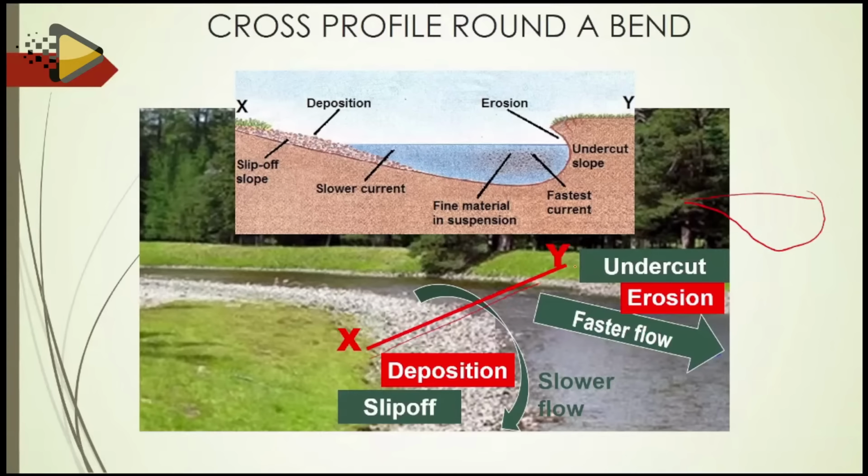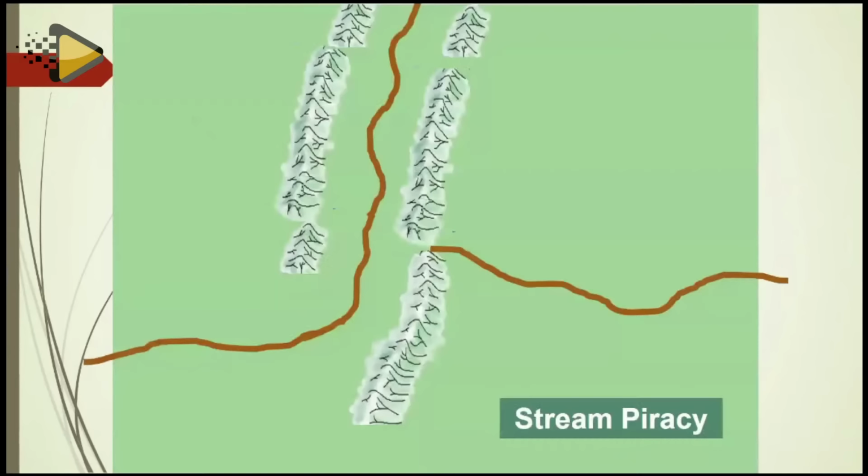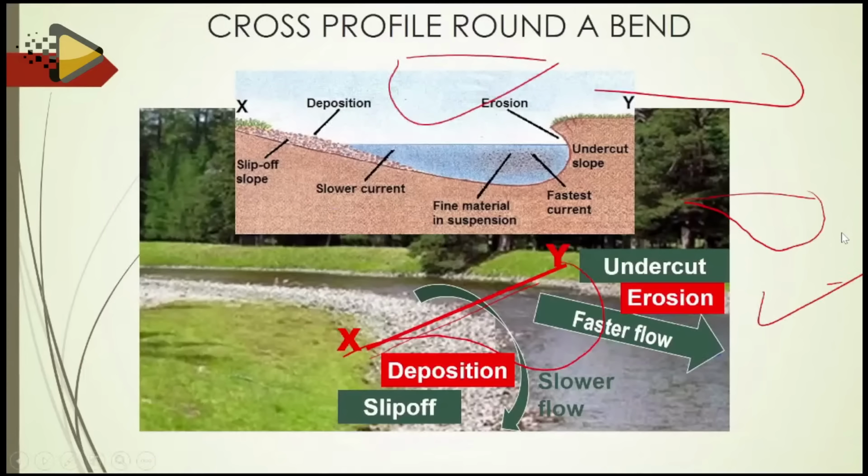If the river was bending in the other direction, then your tick will face a different direction. That is your cross profile through a meander. It can be a tick in the right direction, or it can be a tick in the opposite direction.